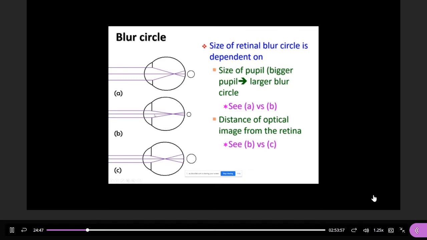If we look at B and C, if they have similar pupil size, the blur circle size will relate to the power and the distance from the retina. If the distance from the retina is far, their blur circle will become bigger and larger. All right, so we need to understand the blur circle and its size, how it changes with the pupil and how it changes with the distance to the retina, actually with the myopia power.